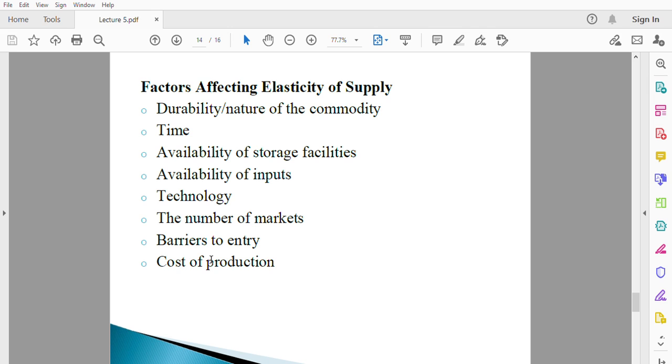Right. So the next is barriers to entry. If you are able to put barriers to entry into the market, then with an increase in price, you can even sometimes control the price. For instance, if you are a cocoa farmer and you have some kind of power to restrict people from producing cocoa, there are some commodities that cannot be produced by everybody, because there are only a few people who have the technology to produce such commodities.